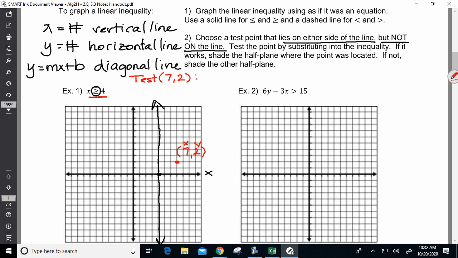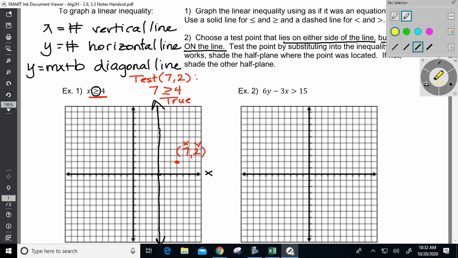So x is 7. Is 7 greater than or equal to 4? That's true. 7 is greater than 4. So that means if that point works, any point over there is going to work. So that is where we will shade. So you shade everything on that side of the line.